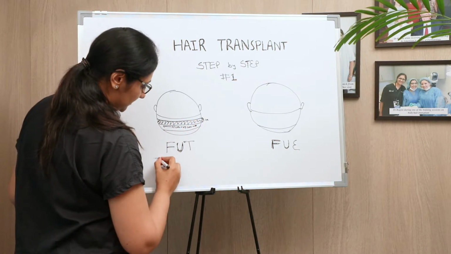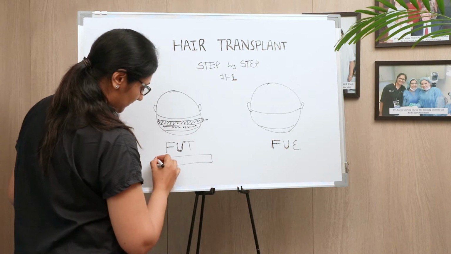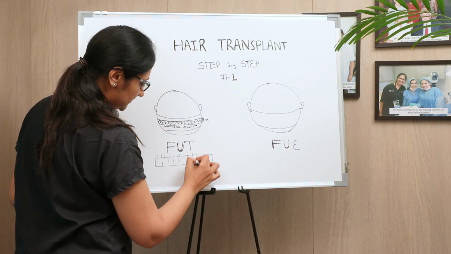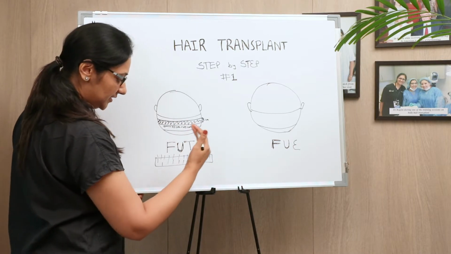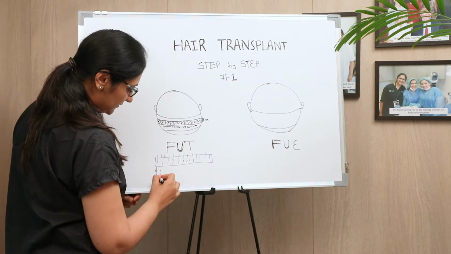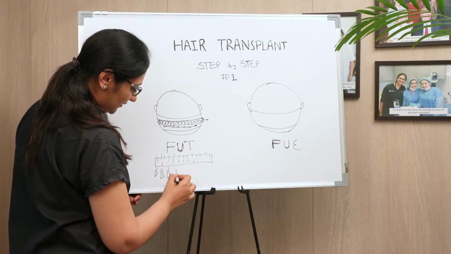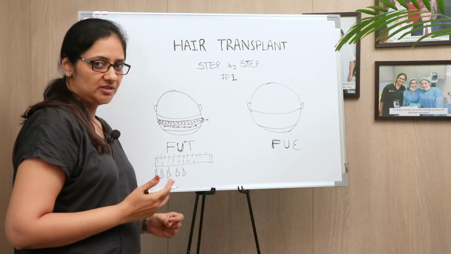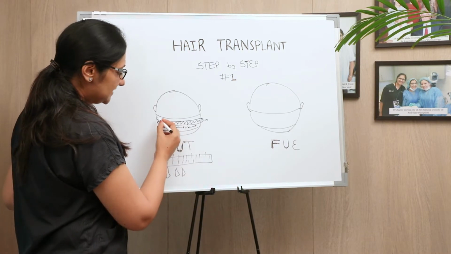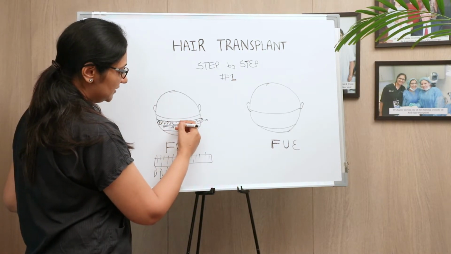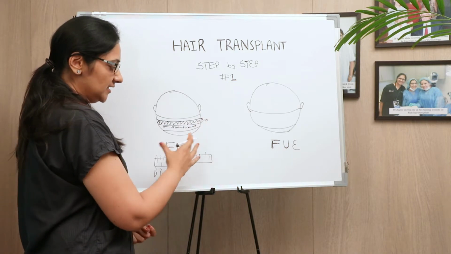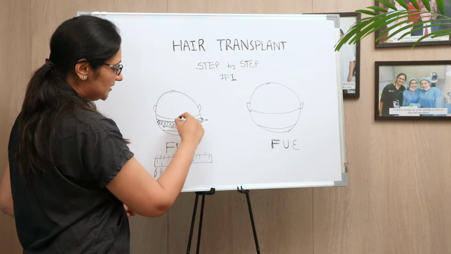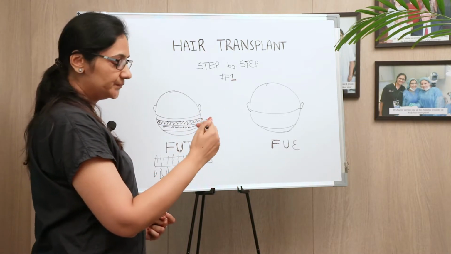From that separated strip, we dissect individual hair follicles. We separate individual hair follicles, and these separated hair follicles we implant in the front, in the bald area. So that is what strip surgery is. This dissected area, we close it with the help of stitches. So that's why in strip surgery, the patient ends up getting a linear scar and stitches to close that area.